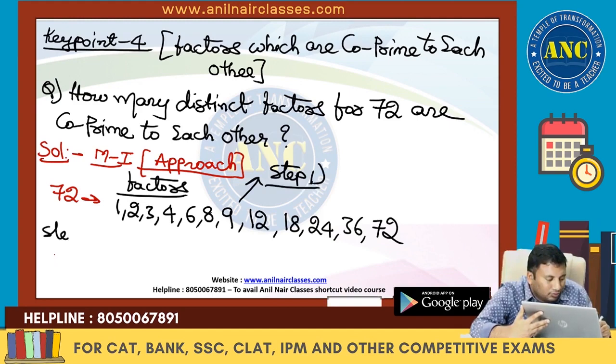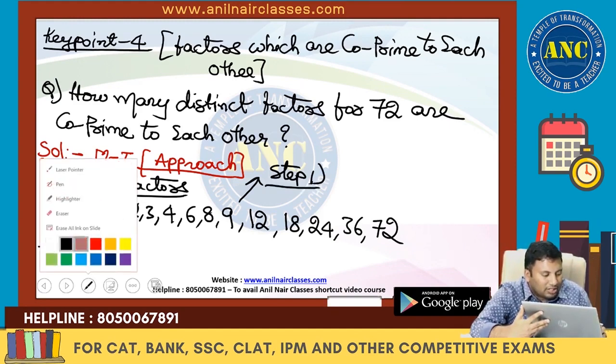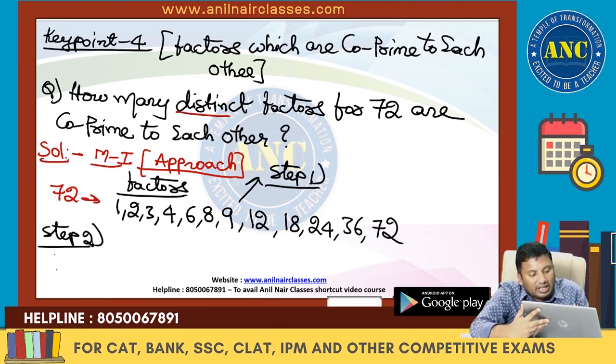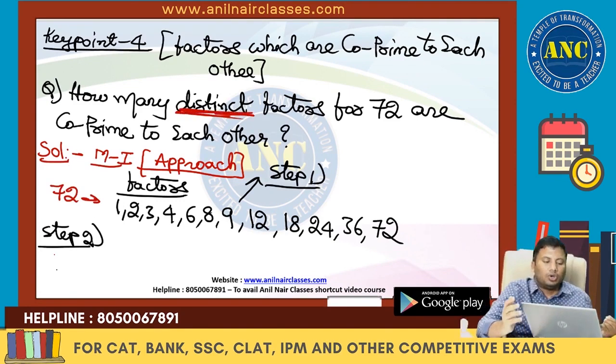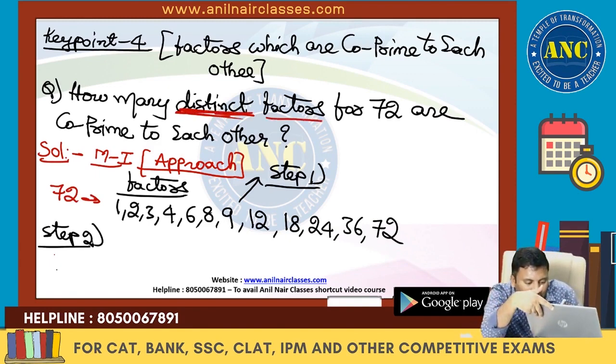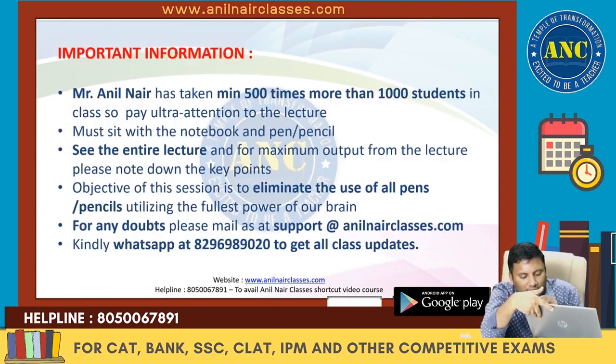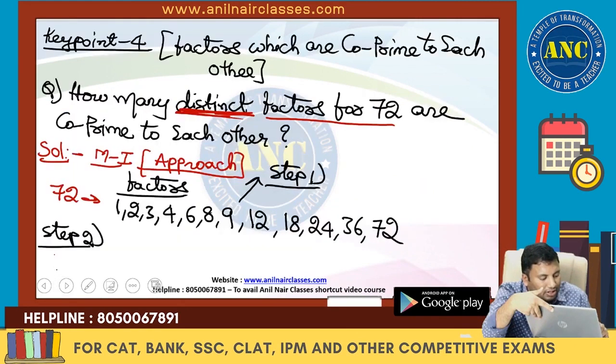Step 2: now read the question. The question says, how many distinct factors for 72 are co-prime to each other? Underline distinct, no two should be the same.